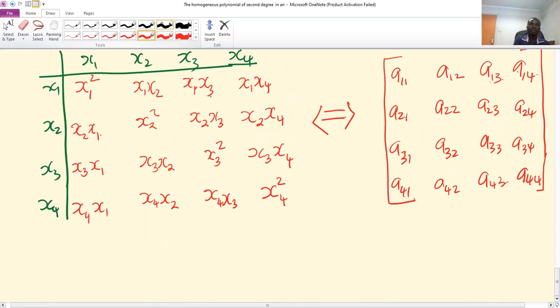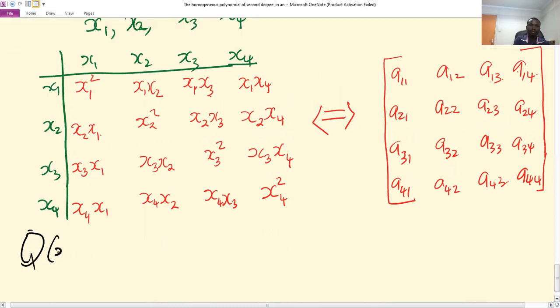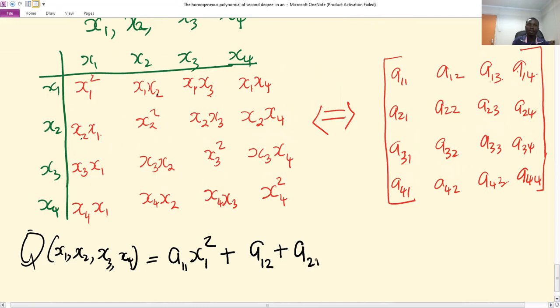So we write Q of x1, x2, x3, x4 will be A11 times x1 squared plus, now you see product x1 x2 and x2 x1 is the same, but x1 x2 goes with A12, and this one goes with A21.